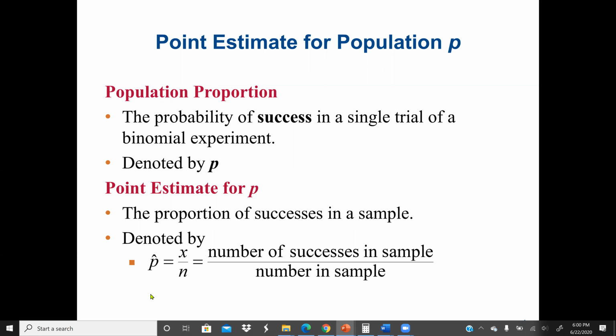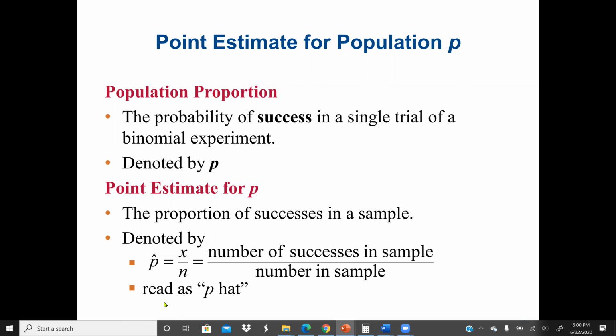Now, how do we find it? We denote it by p caret, which will be x over n. x is our number of successes in a sample, and lowercase n is the sample size, or the number in the sample. So again, to find the point estimate for p, we use the proportion: the number of successes in the sample, which is x, divided by the number in the sample, which is the sample size.